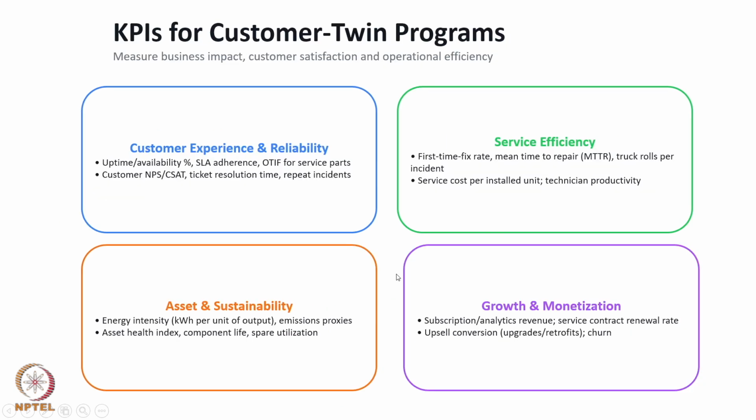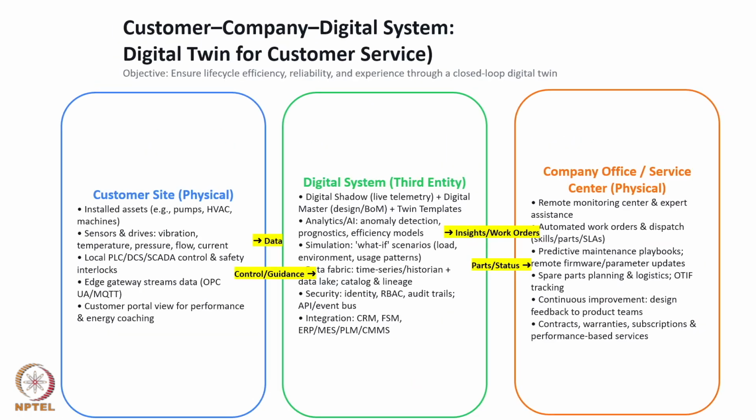So with this, I would like to conclude this discussion by showing, in this slide, how the data flow and the action work. One side is the data which is coming out from the customer side, and then it is captured and processed by the digital twin.